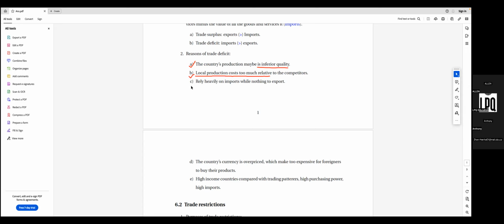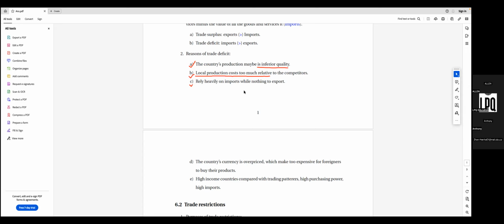Number C, countries like Singapore. Those are very small countries. They really have nothing to export. Bigger countries like Australia and Canada can export some natural resources, right? I mentioned so many times, people in Alberta export crude oil, natural gas, agricultural products, that kind of thing, because Canada is a very big country.